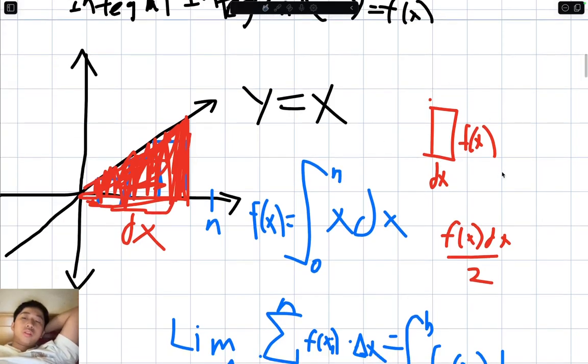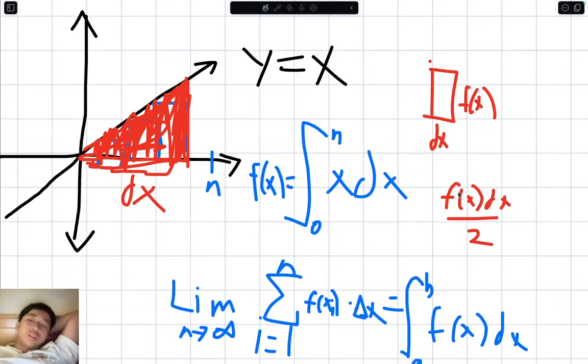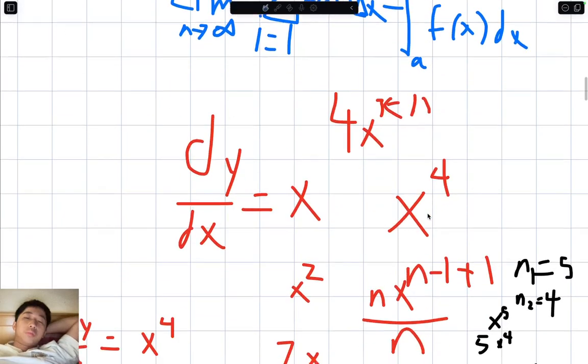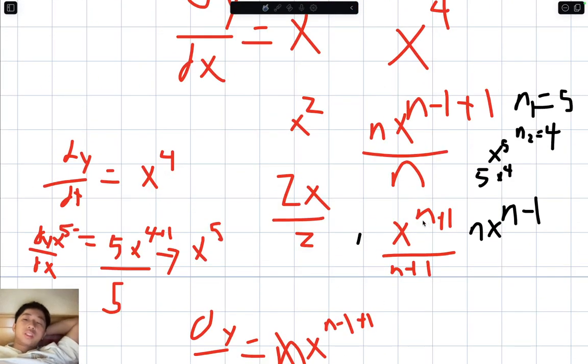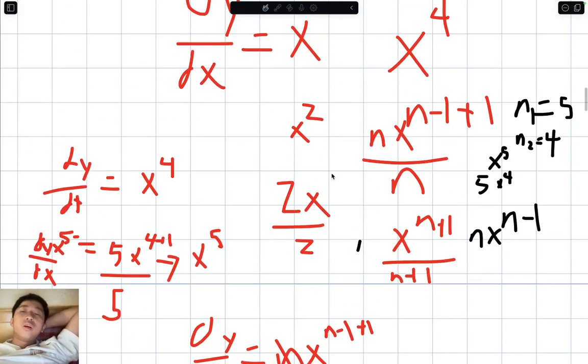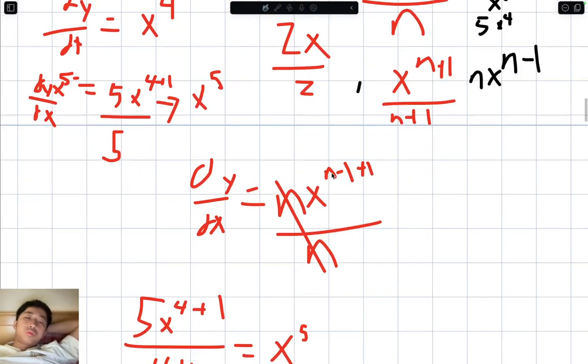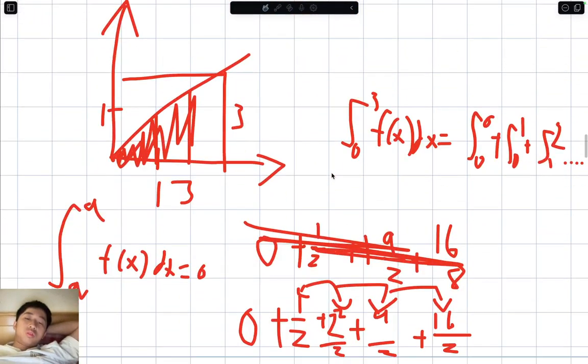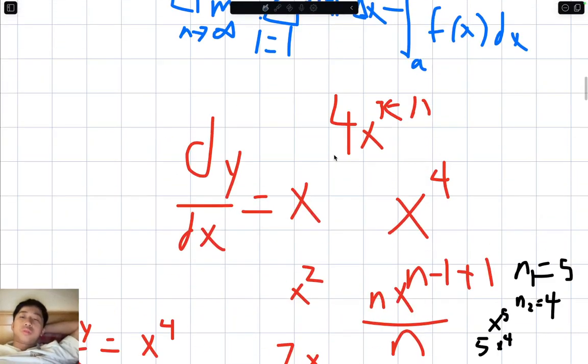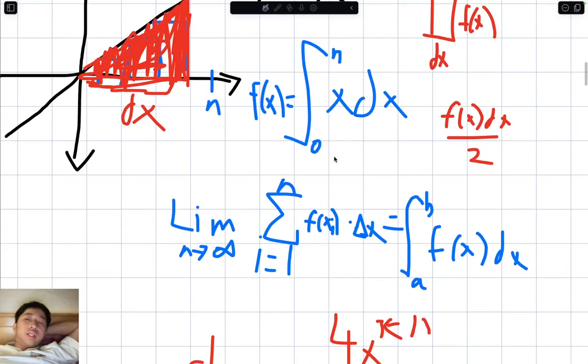And then look at here, the rectangle dx times f of x, and since this is a triangle shape, you would get f of x dx over 2, which, if you remember from here, x to the n, well, x right now is 1, 1 plus 1 is 2, n which is 1, plus 1 is 2, so x squared over 2.